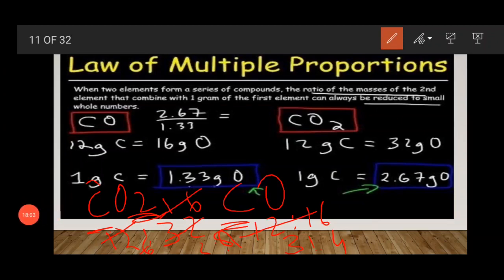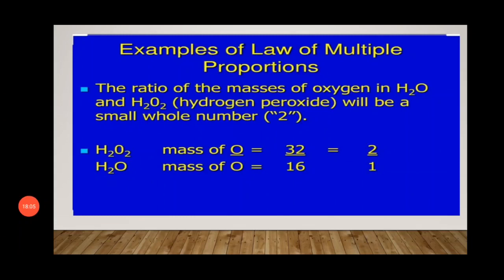It's not fixed that always one type of compound is formed with a fixed ratio, but if we change the amount of the other element, we are able to get a new set of compounds, and this is known as the law of multiple proportion, which was given by John Dalton.